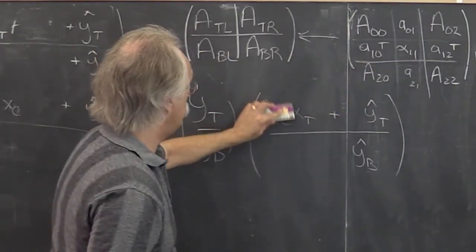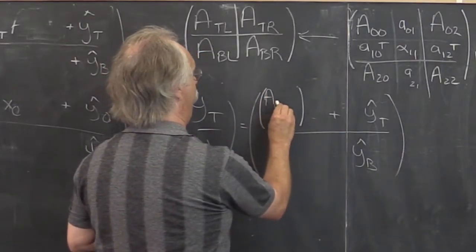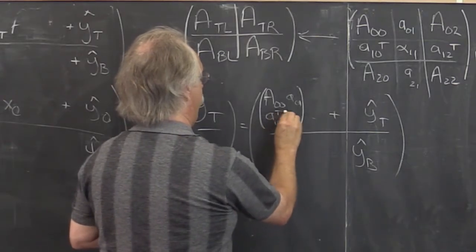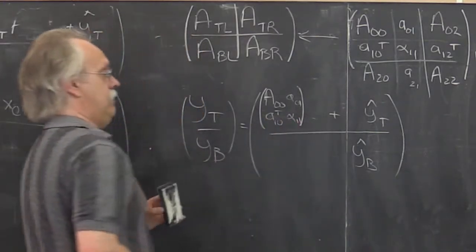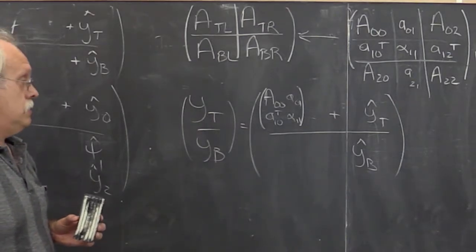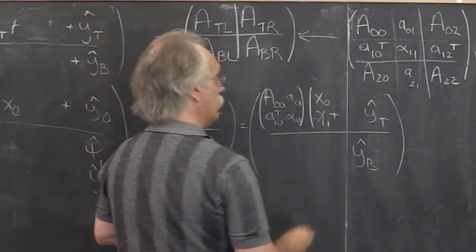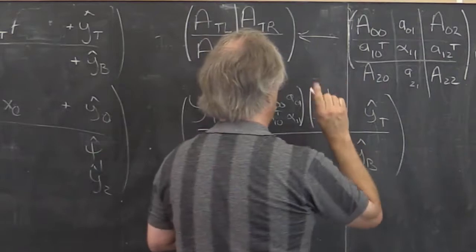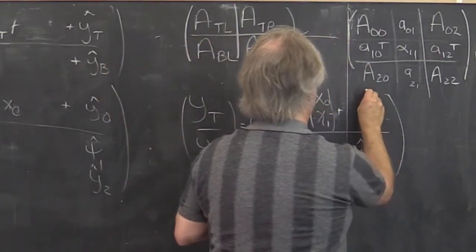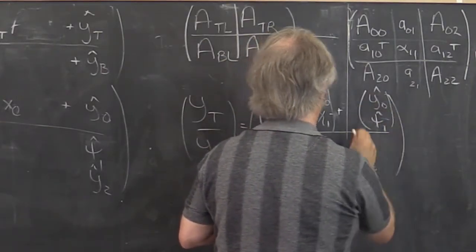So we do a textual substitution. And then we need to multiply that times x0 chi1. We need to substitute in y0 hat psi1 hat.